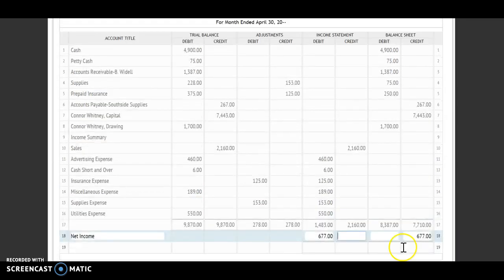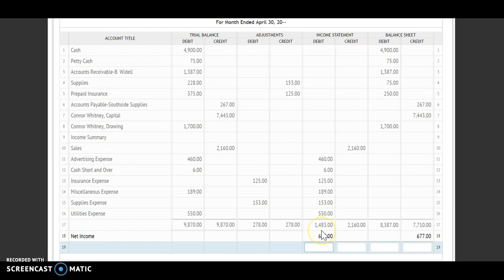Okay, now I need to make sure that my net income, debit, and credit's equal, so I'm going to add these two numbers together. So 677 plus that 1,483. I now have 2,160. This number I'll carry down. So now my income statement, debit, and credit equal. I'm going to do the same thing with the balance sheet. This number simply is 8,387.